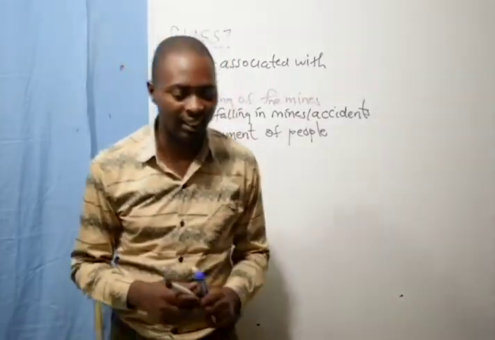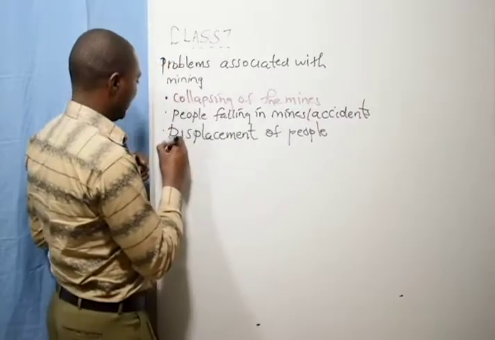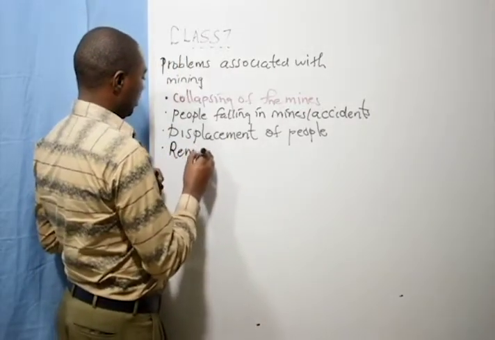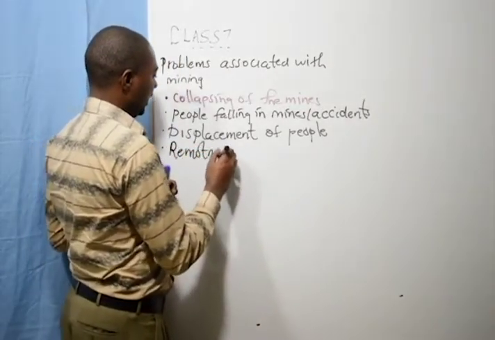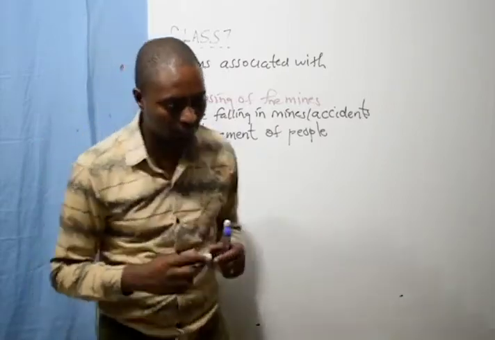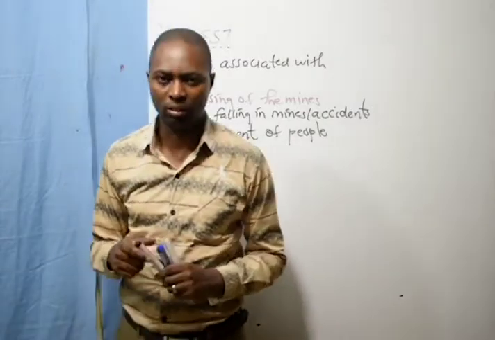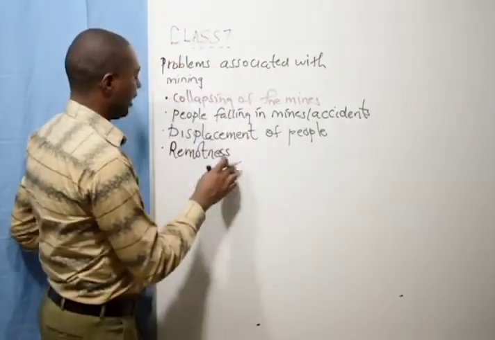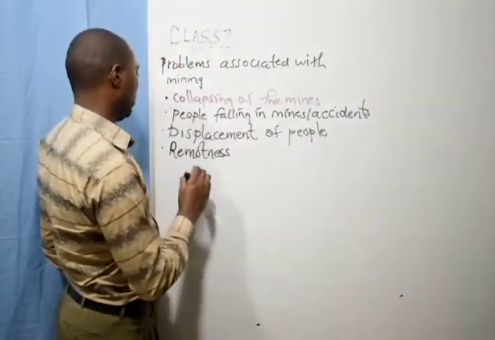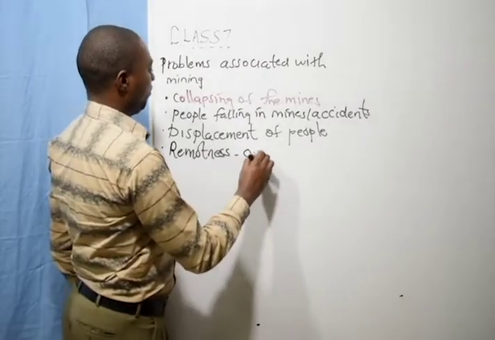The other one is remoteness. When I'm talking about remoteness, I'm talking about accessibility to a certain region. There are some minerals that might be required in a place that is not accessible. For example, gypsum.